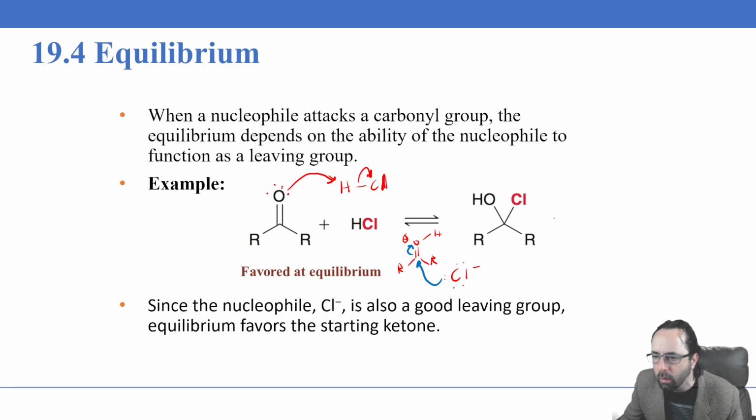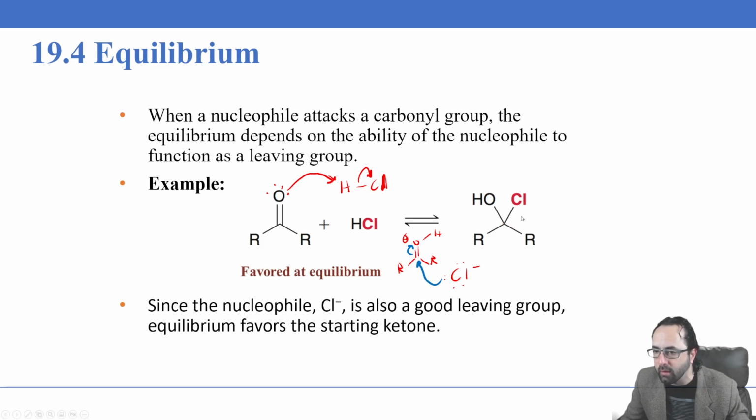And so you'll have a chloro group here on the alcohol, but the chloride's a good leaving group. So here, in this case, the equilibrium is going to favor the starting ketone rather than the ultimately produced chlorohydroxyl carbon here.